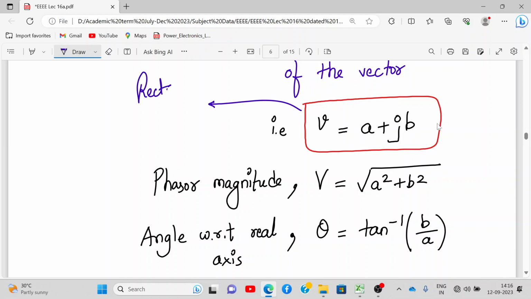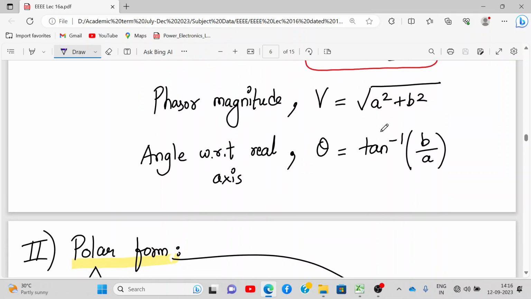Rectangular form. And why do we use rectangular form? For addition or subtraction of quantities, whether it's a current or a voltage. Completed?